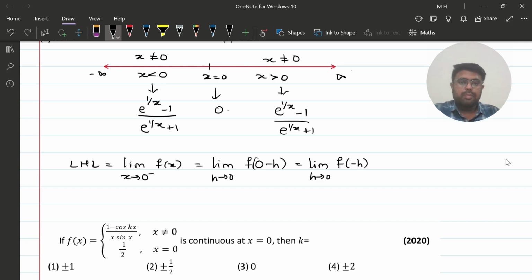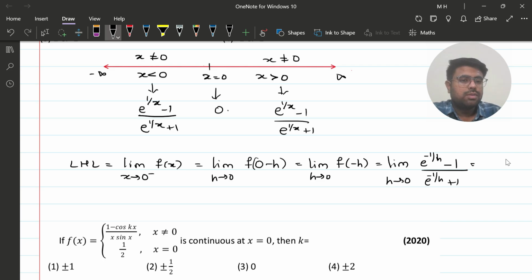It is going to be e raised to minus 1 by h, divided by e raised to minus 1 by h plus 1 as h tends to 0, which is equal to, as I said previously, this and this are going to be 0. So I'll get minus 1 by 1, which is equal to minus 1.